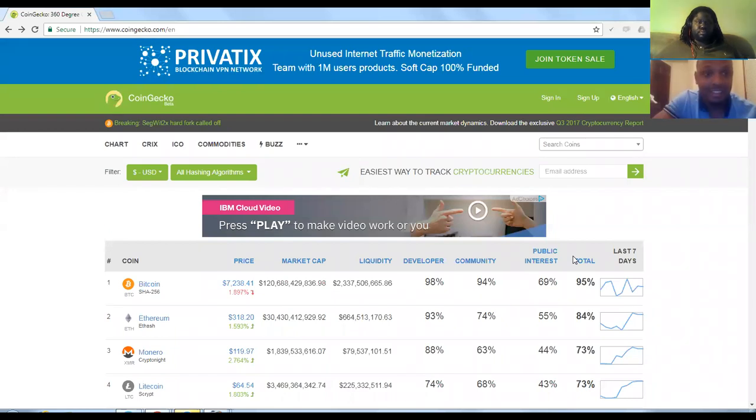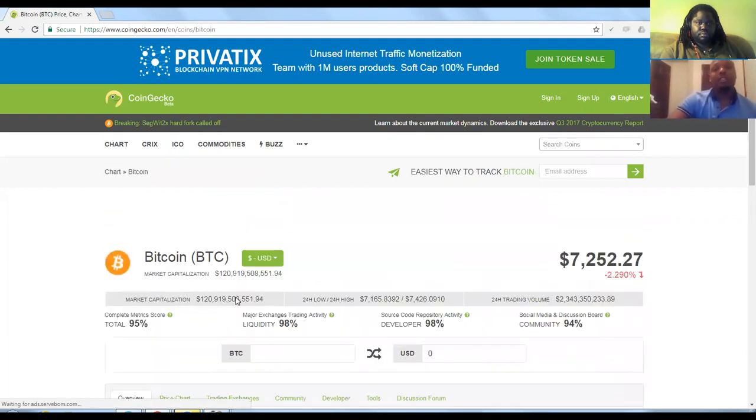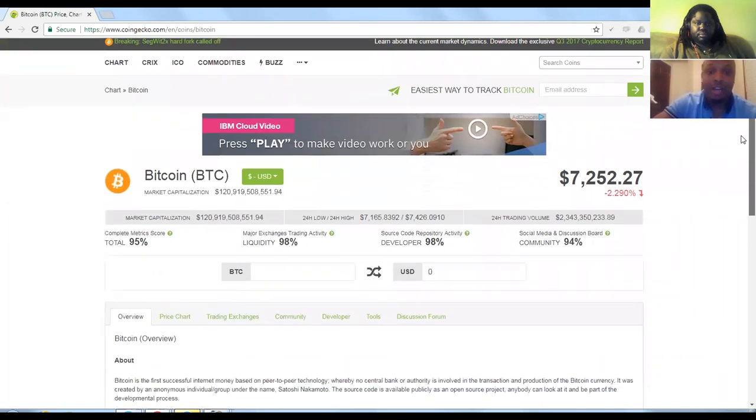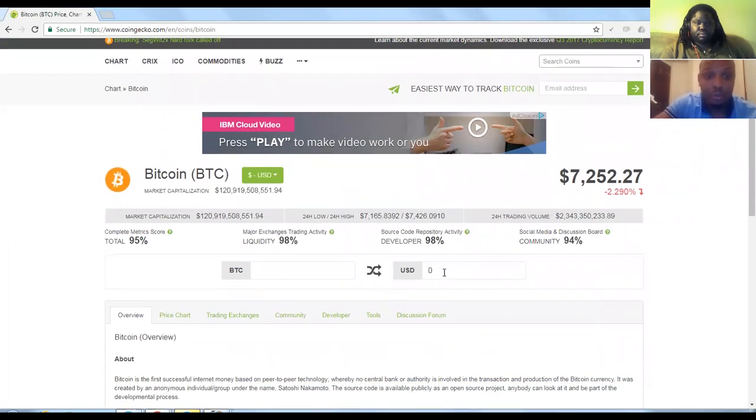If we go to the next slide and we click on Bitcoin, it'll show us the conversion rate from US dollar to Bitcoin.